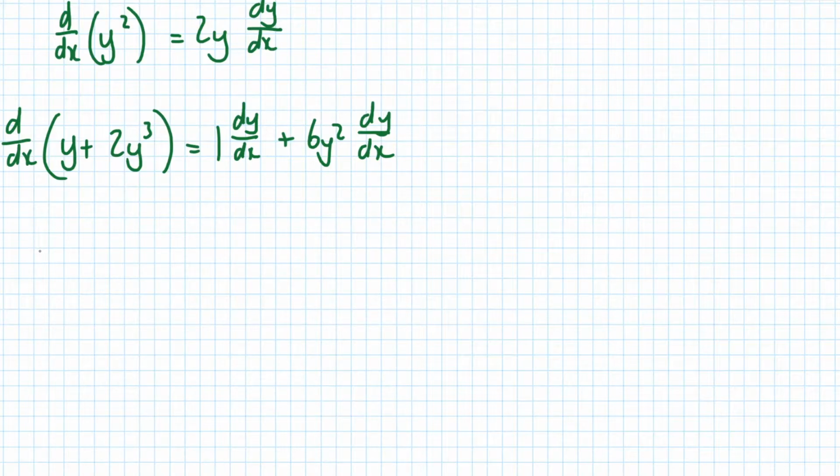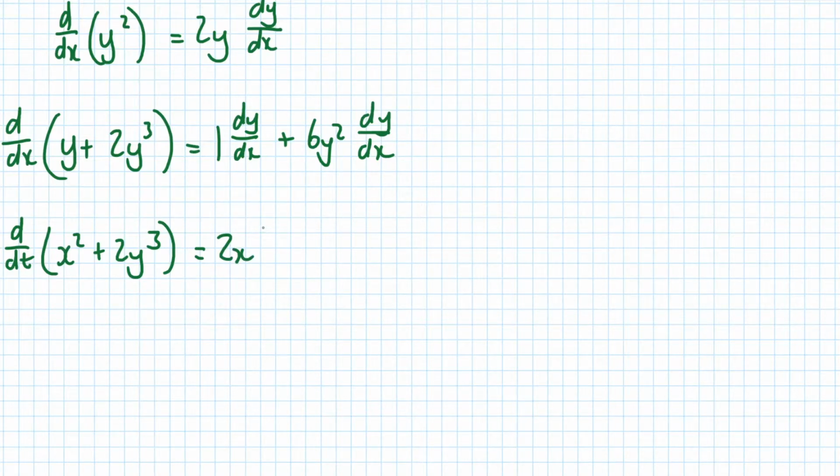What if I had something like x squared plus 2y cubed, and I wanted to differentiate that with respect to t? Okay, so notice that there's no t variables there. The process is still going to be the same. So let's derive x as if it was a t variable. So the derivative of x squared is going to be 2x.